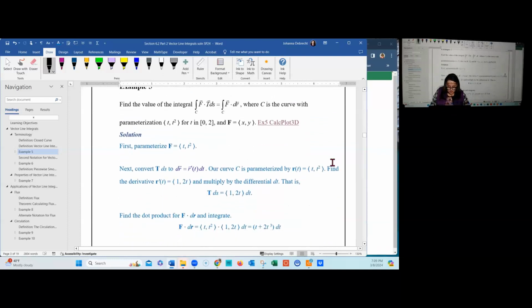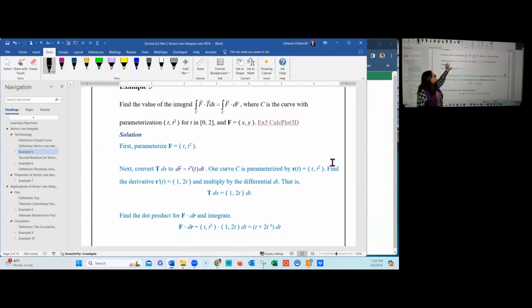We want to be able to compute F dot T, the vector field dotted with the unit tangent vector with respect to the arc length differential, by instead computing F dot dr, the vector differential.